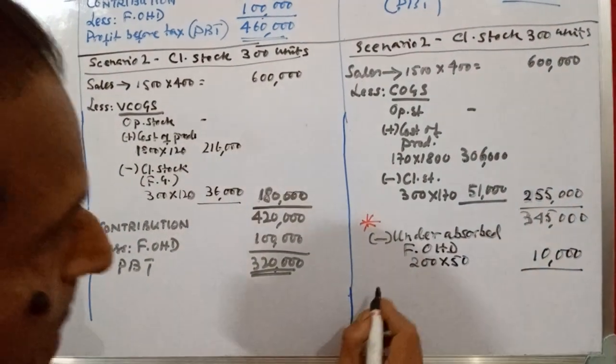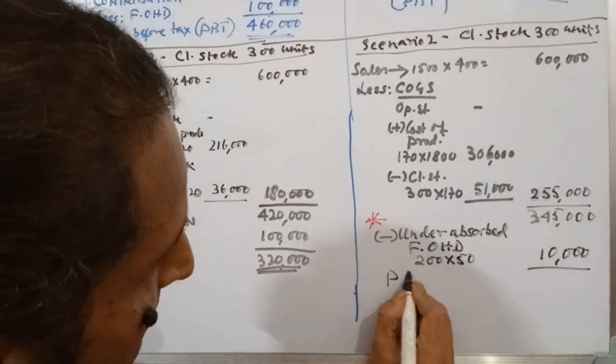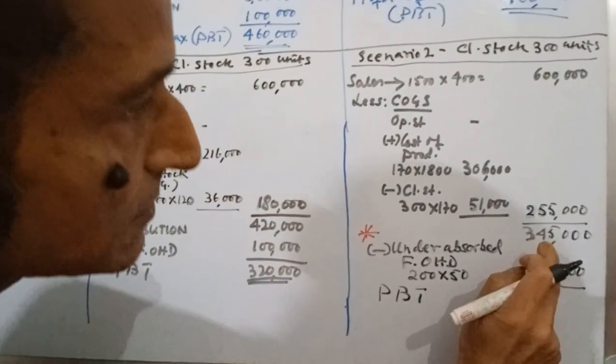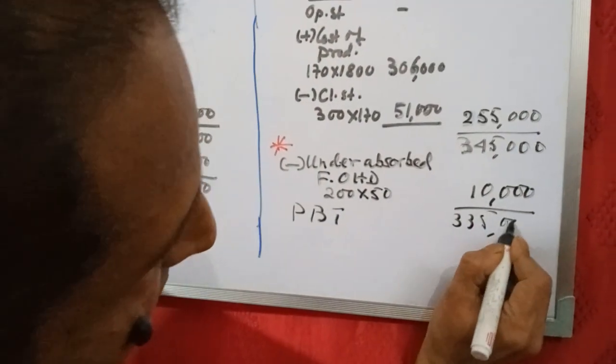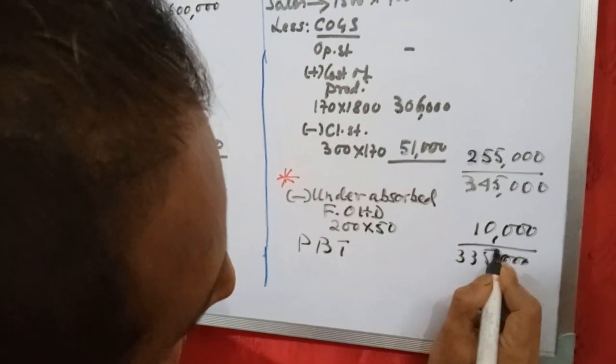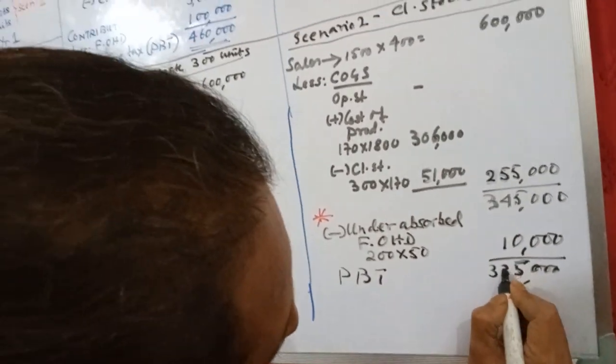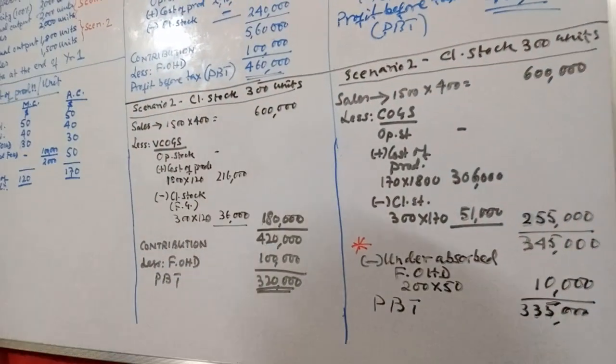Now we get PBT, profit before tax. This is 345,000 minus 10,000, that is 335,000. Correct?